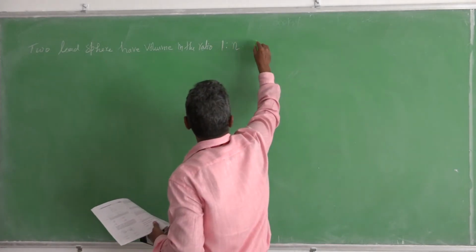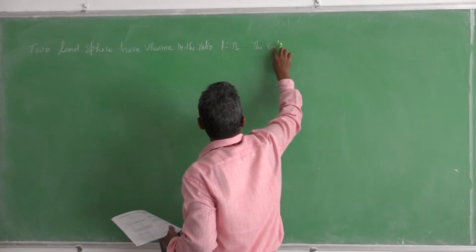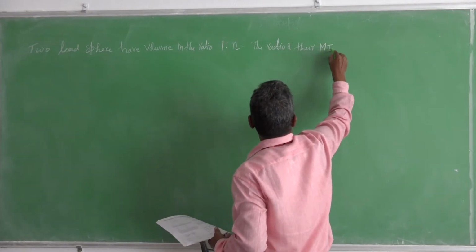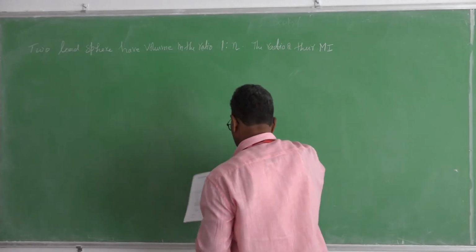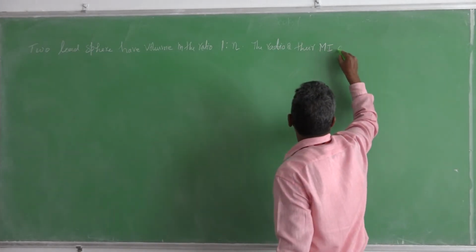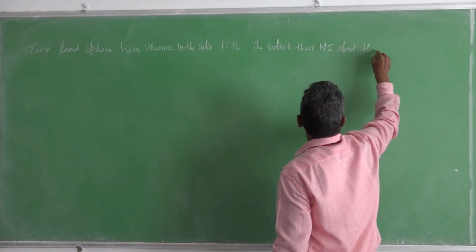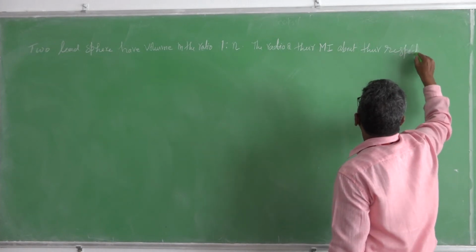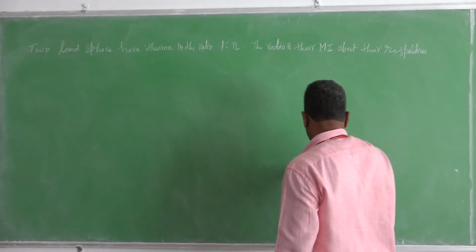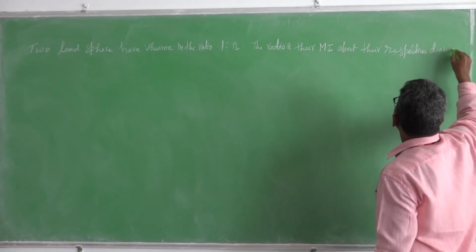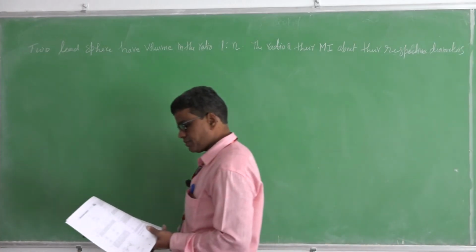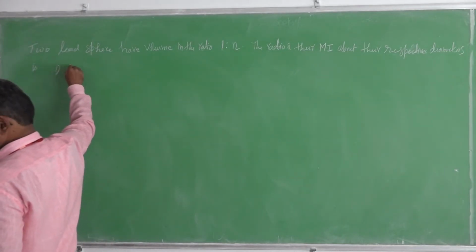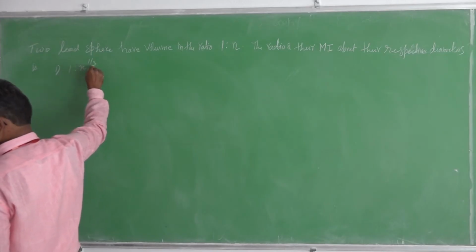The ratio of their moment of inertias about their respective diameters is: first option, 1:n to the power 1 by 3.